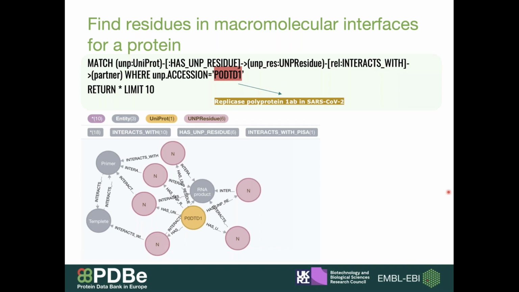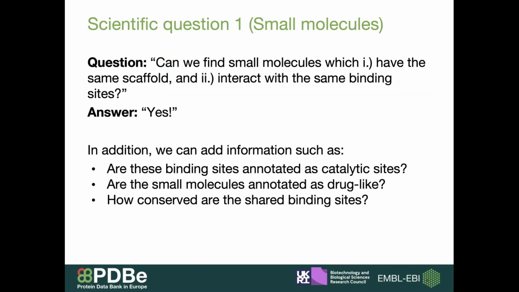Now let's see some scientific questions and see how PDBe Graph Database can help in solving those. The first question could be from the small molecules. The question would be, is it possible to find ligands which have the same scaffold and interact with the same binding sites?